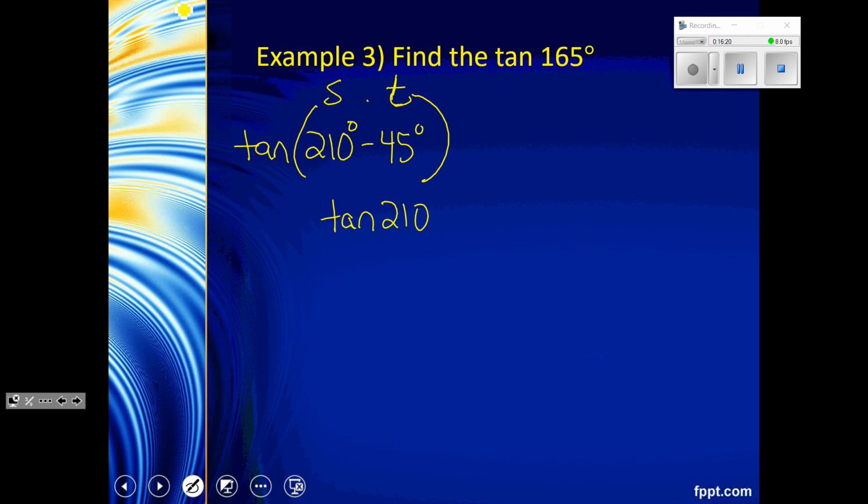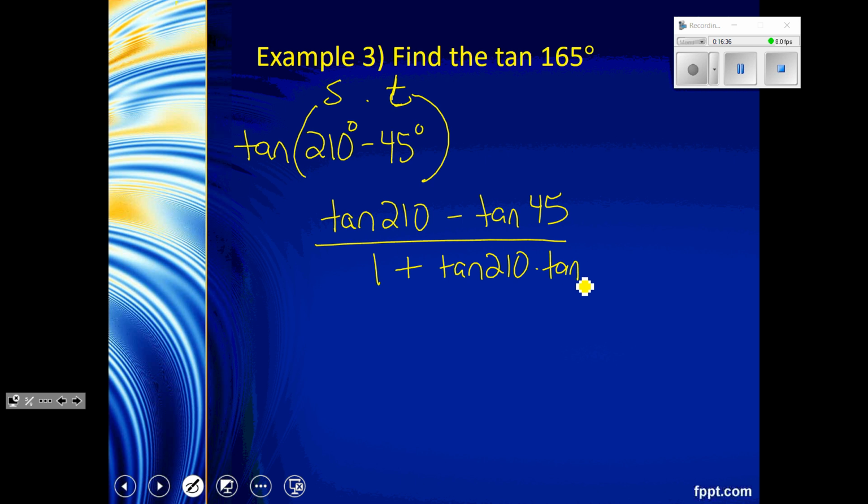Okay, so the tangent of 210 minus the tangent of 45 divided by 1 plus the tangent of 210 times the tangent of 45. Correct? Okay. I always remember this one because if it's subtraction on top, then we start with subtraction, and on the bottom it flips. That's how I remember that.